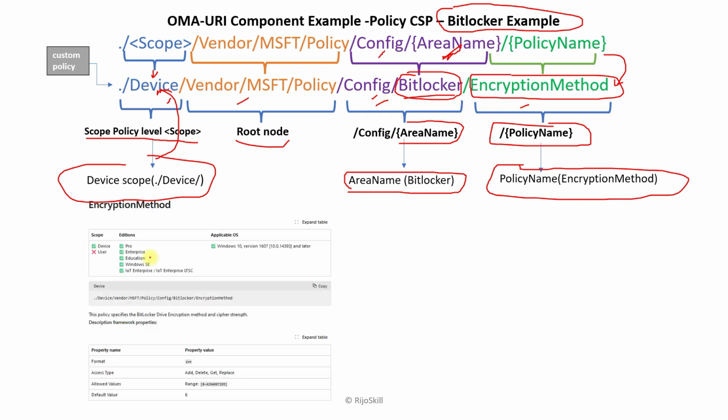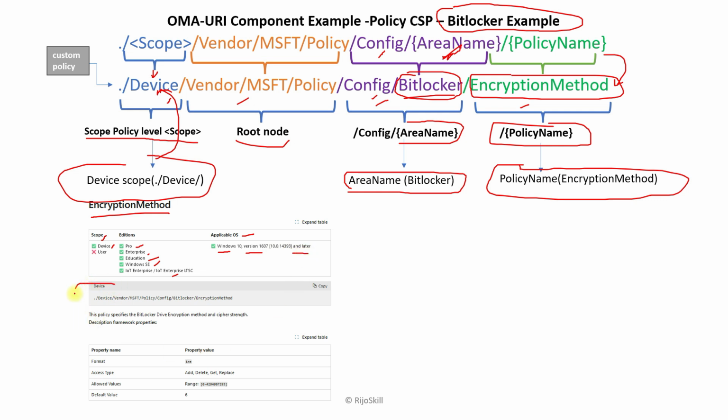Now we check that same policy in the Microsoft reference. This is the encryption method. You can see the scope is applied at the device level; user level you cannot apply. The supported editions are Pro, Enterprise, Education, Windows SE and IoT Enterprise, and the applicable OS is Windows 10 version 1709 and later.